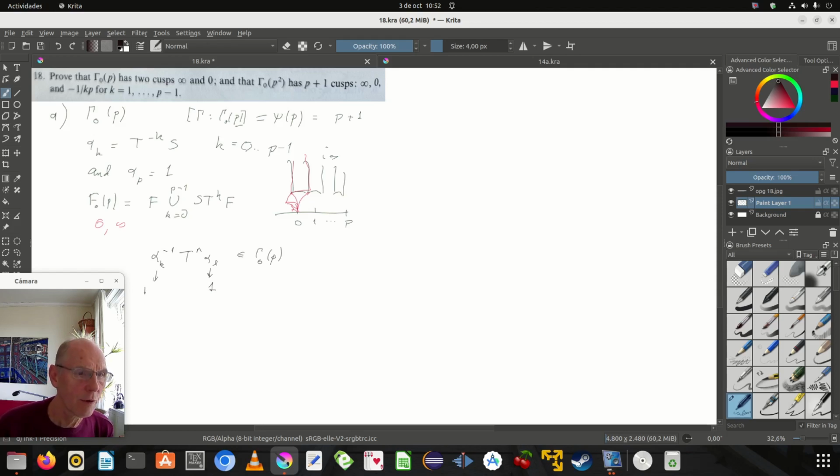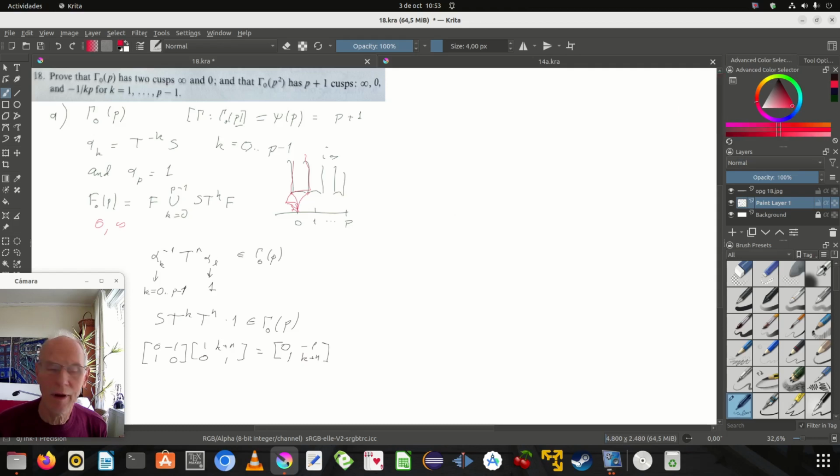And these are one of these, having the cusp at naught. And we have the guilty party here. That p divides 1 is impossible. So that means that we do have two cusps. That was A.